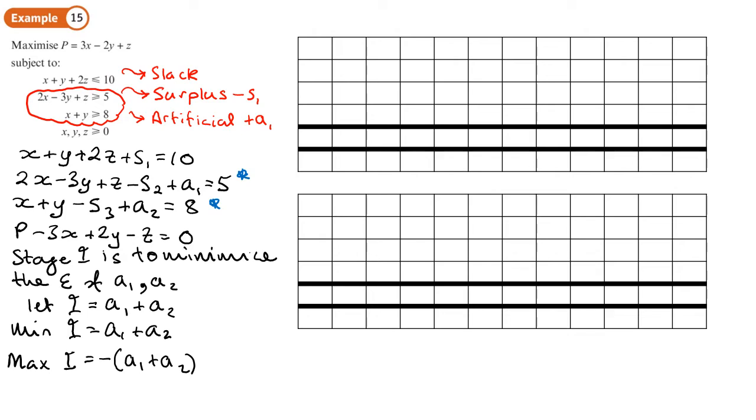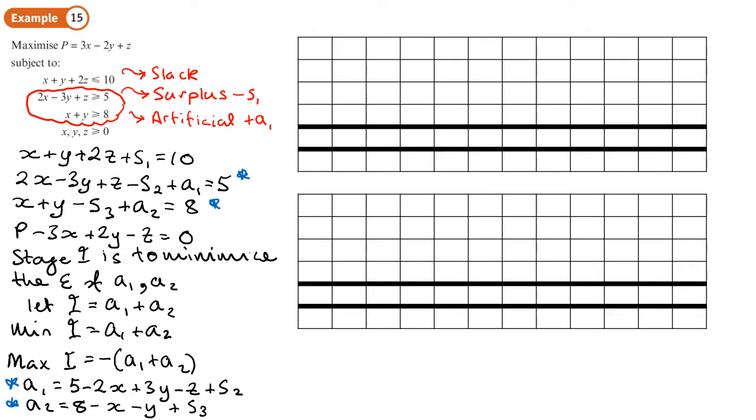So I've got A1 equals 5 minus 2x plus 3y minus z plus S2, and A2 is equal to, I suppose, put little asterisks here so you know where these have come from. A2 is equal to 8 minus x minus y plus S3.